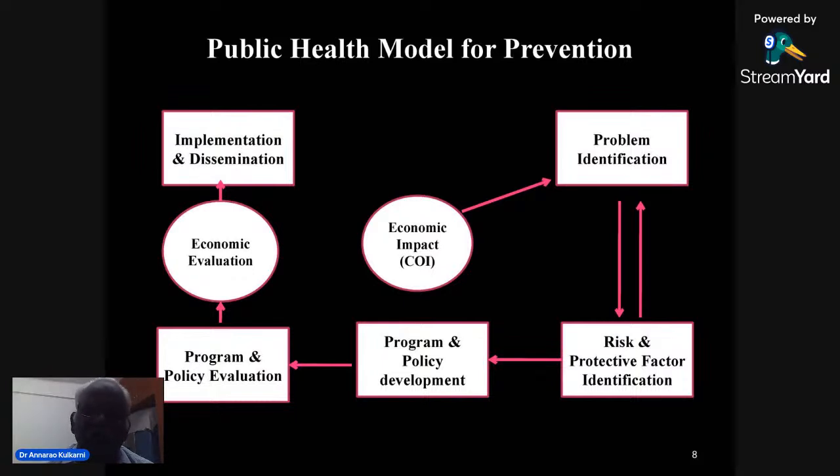First, if you want to assess the economic impact or the cost of illness of any health problem, first we have to identify the problem. Second, identify the risk and protective factors for that particular health problem. Then we develop a program and policy for that problem. Then program and policy are evaluated. Then we do the economic evaluation. Then we implement and disseminate. So this model can be used for prevention of most of the health problems.